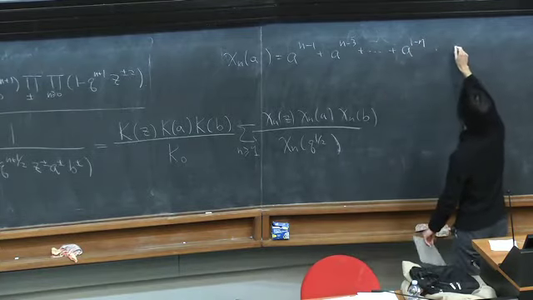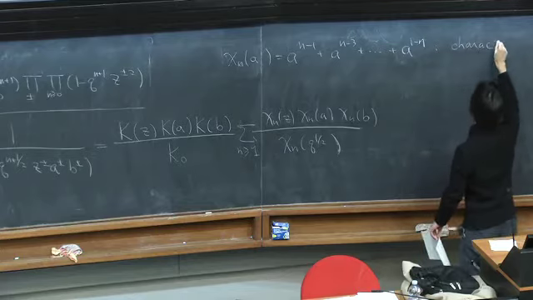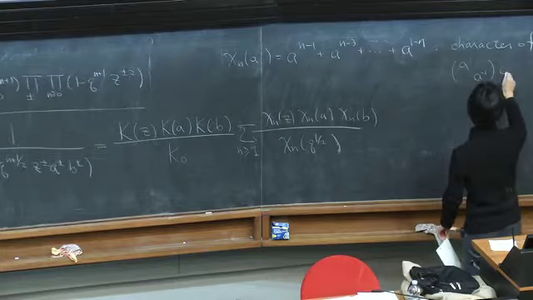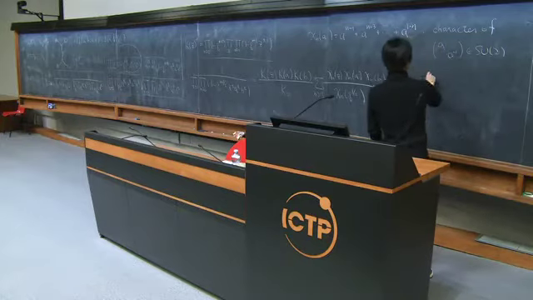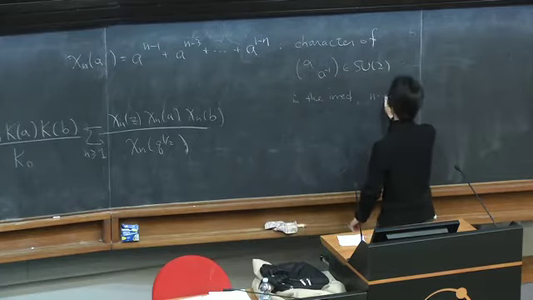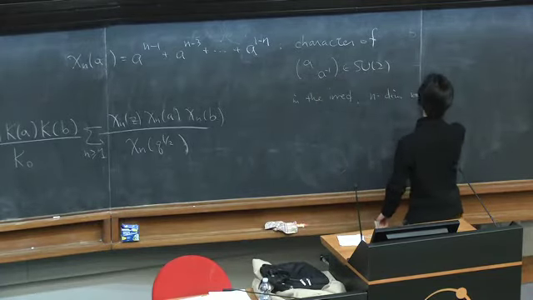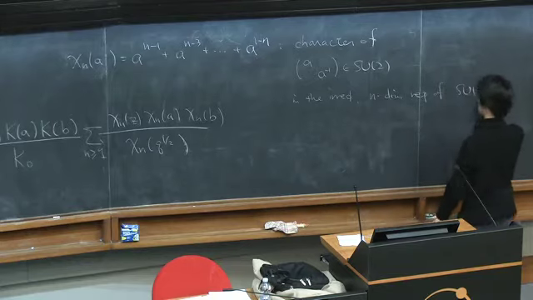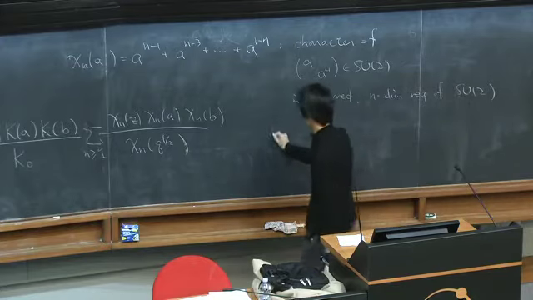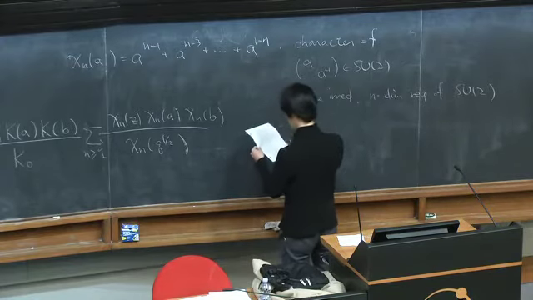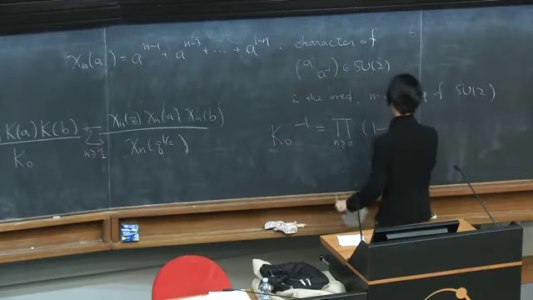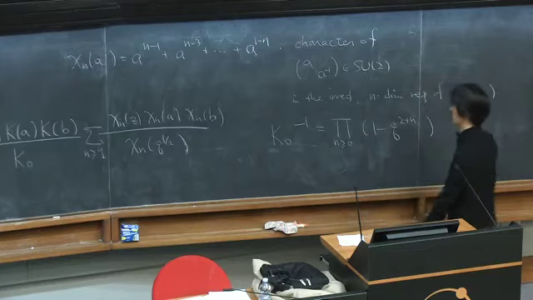So this is the character of the element a inverse in SU2 in the irreducible n-dimensional representation of SU2. So this is the equation. And finally, I need to tell you what this K0 is. K0 inverse is just, well, an infinite product like this.